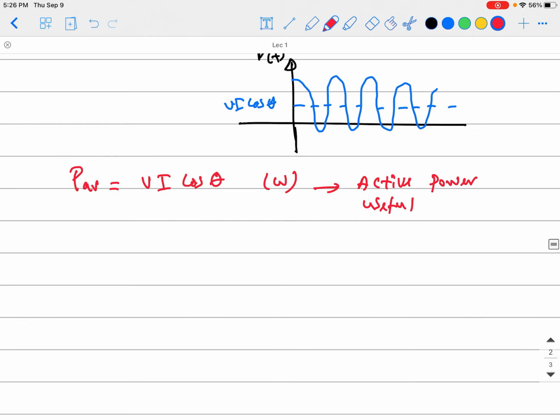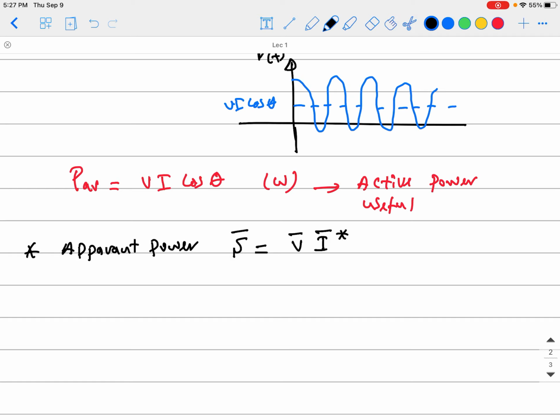So these powers, we will begin by defining the apparent power, okay? Which is S. Okay? So that is a complex value. So S, to calculate it, will be V in polar form multiplied by I conjugate.